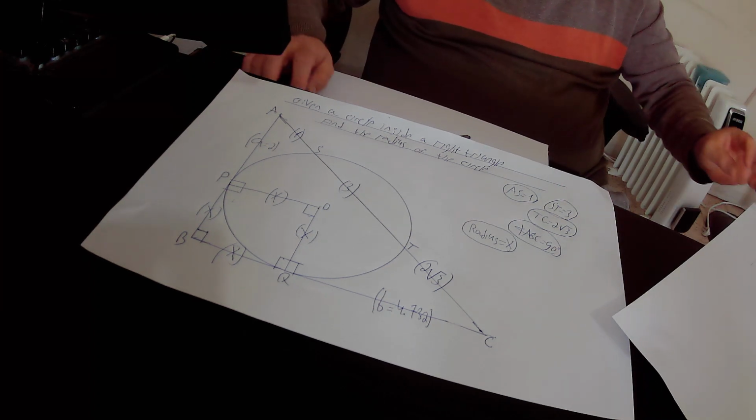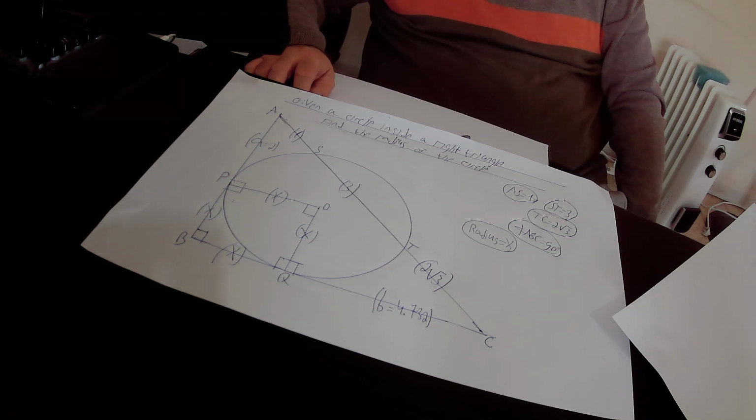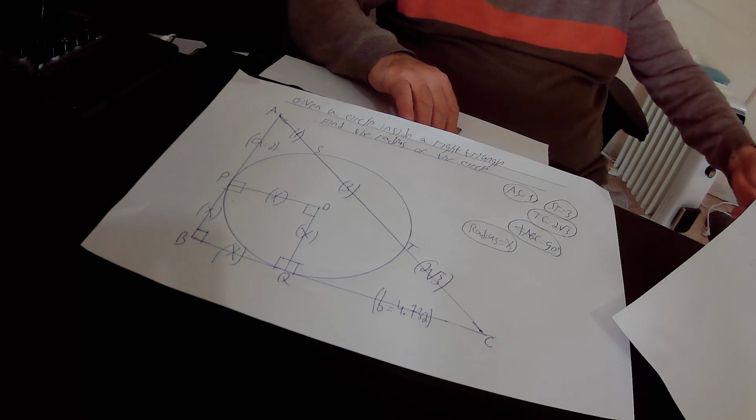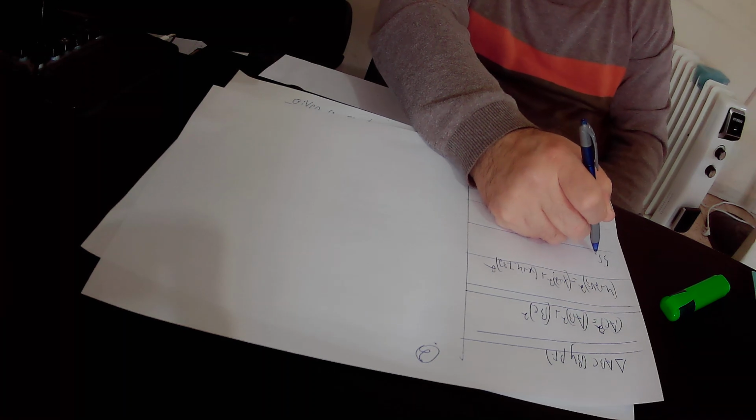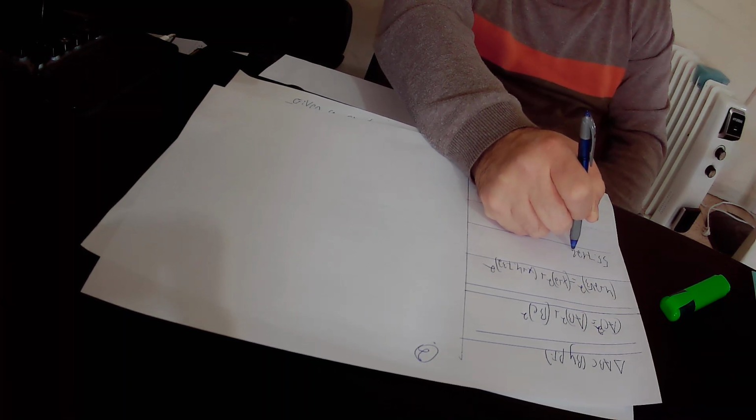Actually, 4 plus 2 times square root of 3 squared equals in total 55.7128.